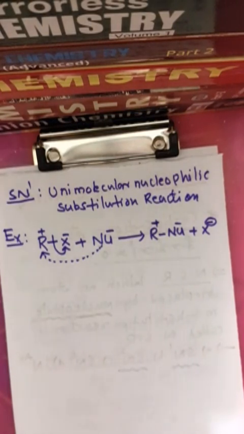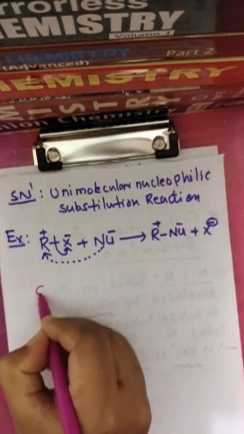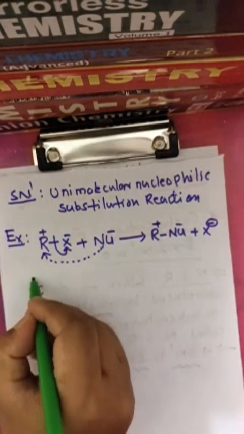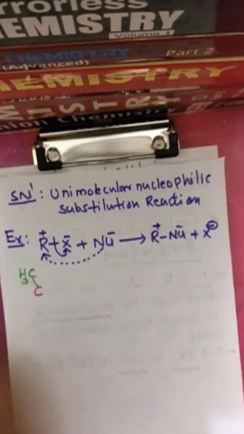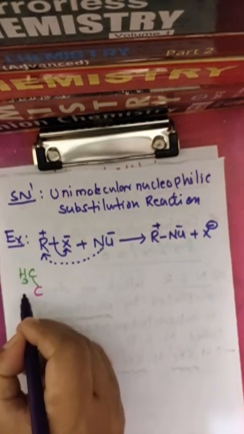This has a carbon, and tertiary butyl means it has 3 different alkyl groups. See here, the same you can also take.